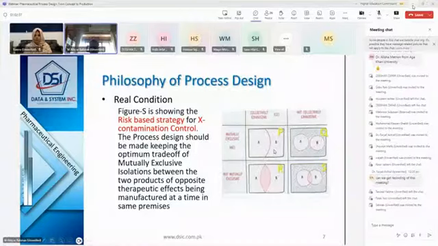These are variations. For example, a single facility with very clear segregation. This is theoretically possible, but you cannot make sure that mix-ups are not there. This is not collectively exhaustive, mutually exclusive.